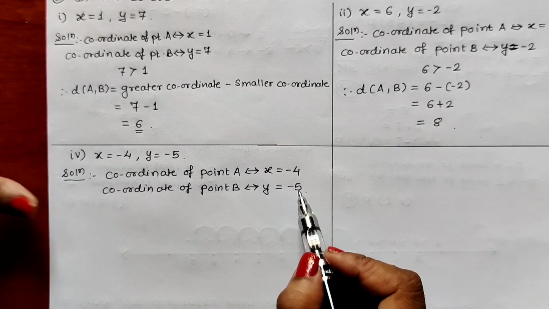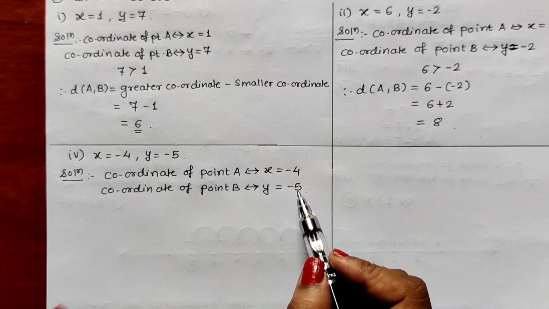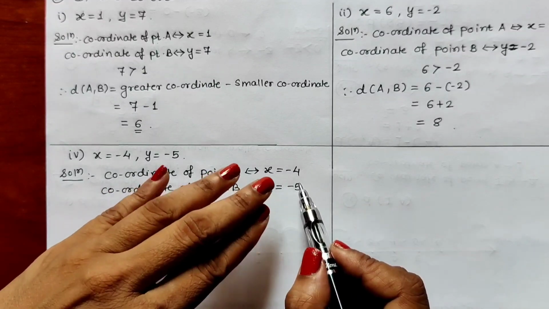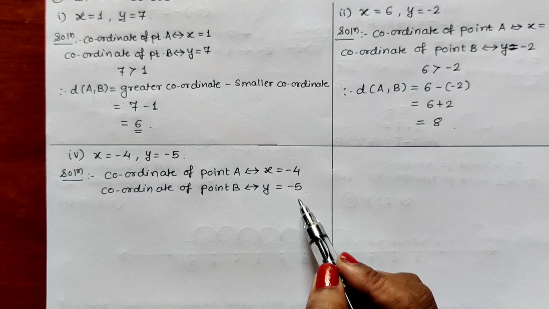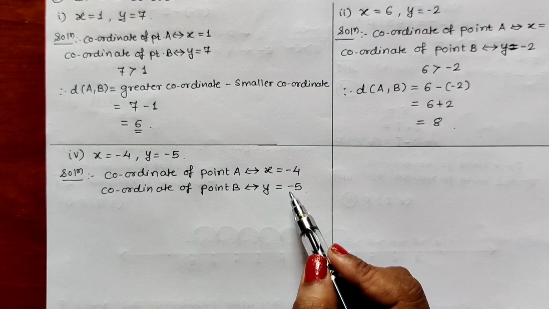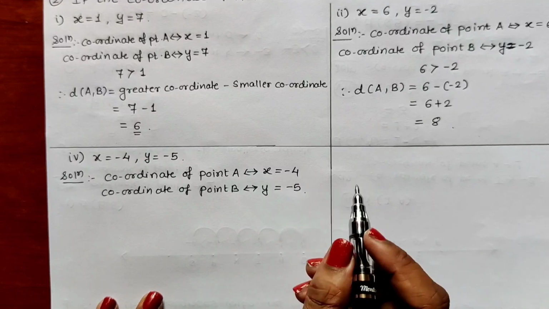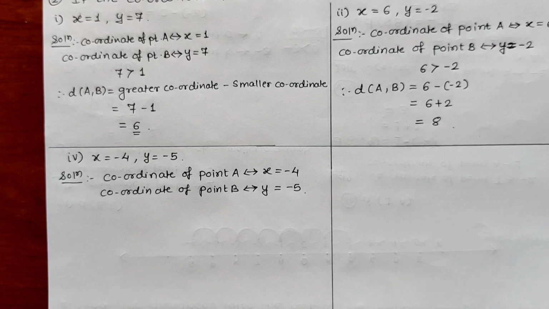Now see which one is the bigger and which one is the smaller. Both are the negative numbers, and we all know when we see the number having negative sign, the bigger number will be the smaller here because they are having negative sign. That means what? Minus 5 is smaller than minus 4. We all know as we go on the left hand side, number goes on becoming smaller.